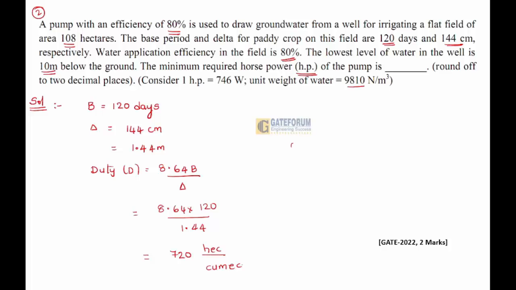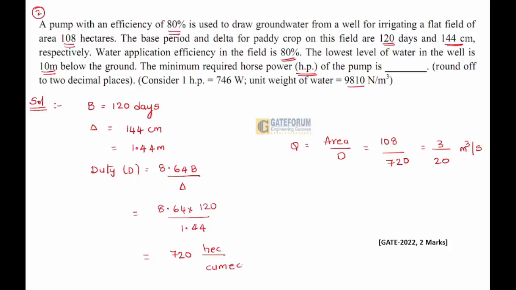Now, Q is equal to area by duty. Area is 108 and duty is around 720 hectare per cumec. So you will be getting around 3 by 20 meter cube per second.